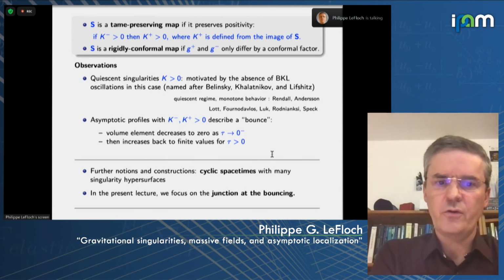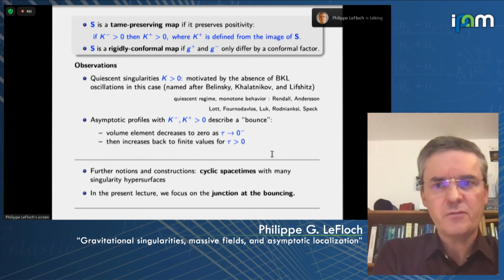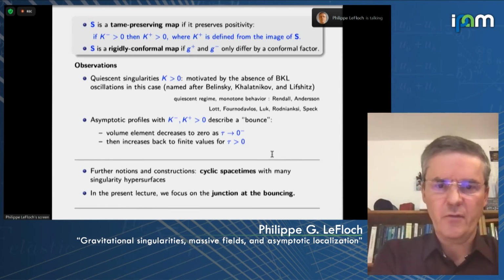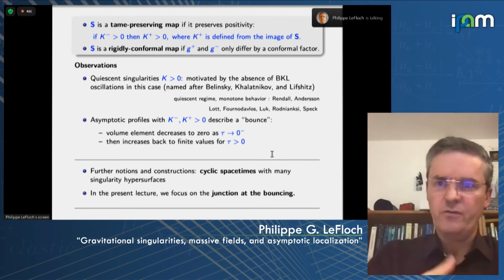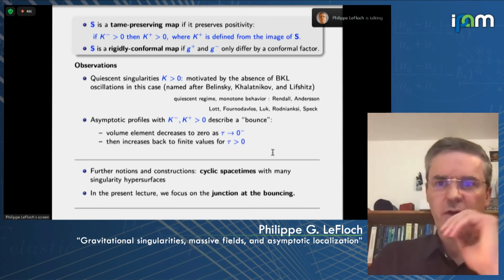And we have a notion of cyclic spacetime that we have defined and studied, especially when you have two Killing fields. You can define a global construction of spacetimes that undergo contraction and expansion successively. But that's not the purpose of this lecture. In this lecture, I focus on the junction at the bouncing.